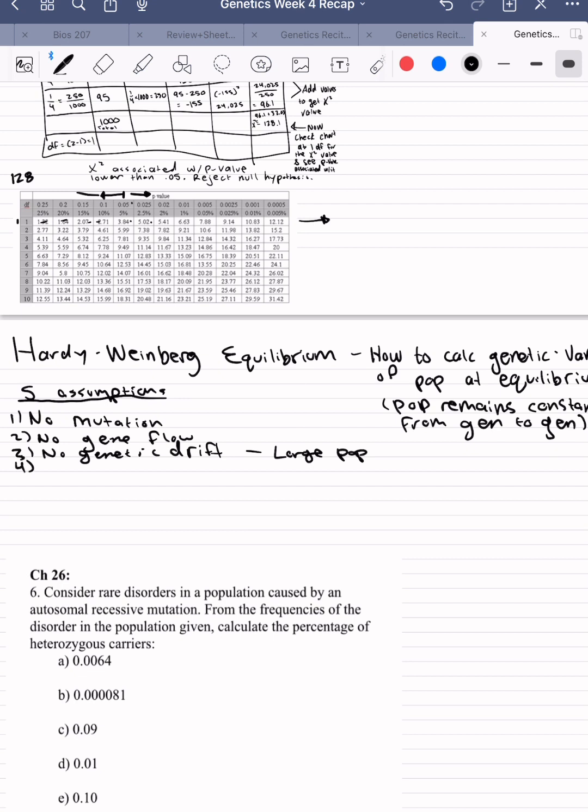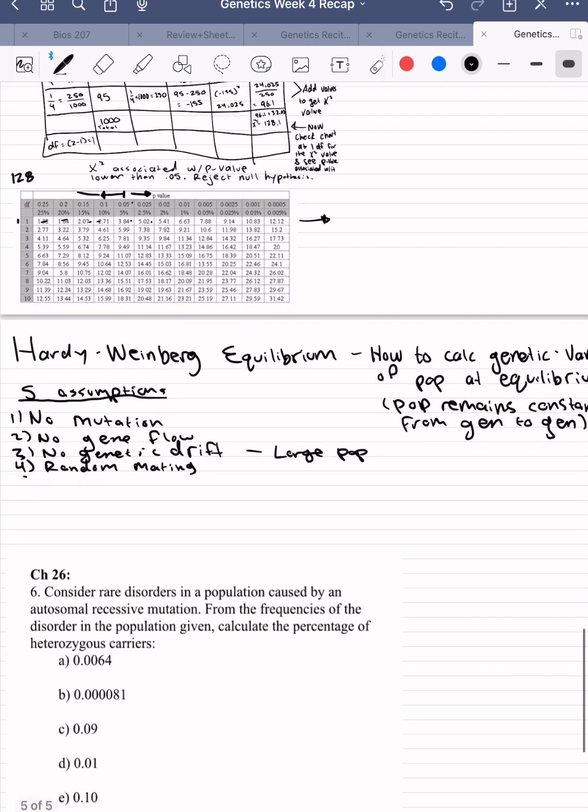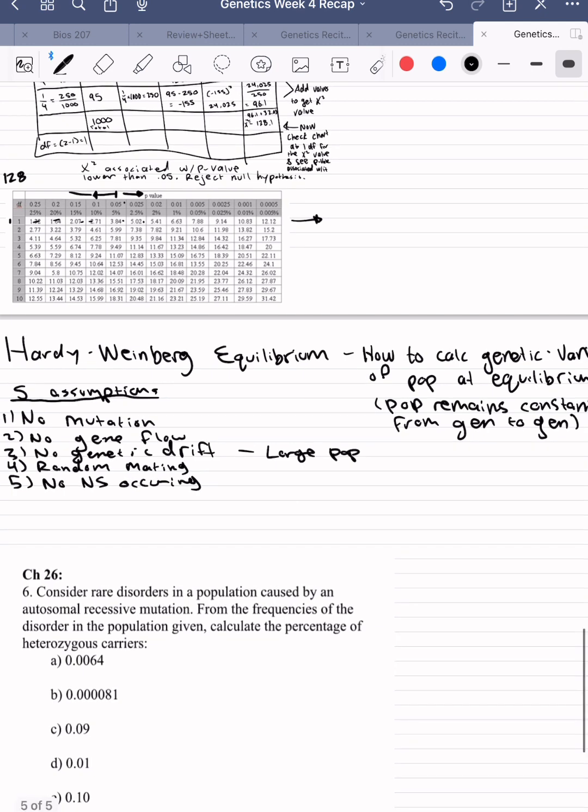Assumption number 4 is that random mating is occurring. And assumption 5 is that no natural selection is occurring. So if the assumptions are met, then 2 equations can be used. One equation can be used to determine the genotype frequency.